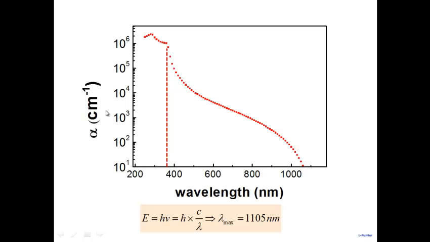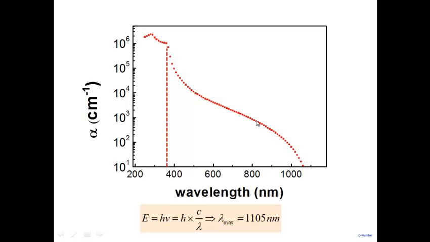Now, what are the implications of this kind of graph? If I have light of, let's say, 900 nanometer or so incident on my silicon, you can see the absorption coefficient is 10 to the power 3, let's say.